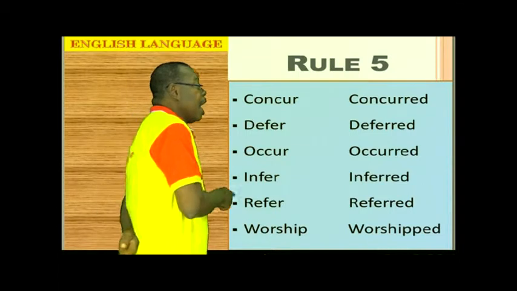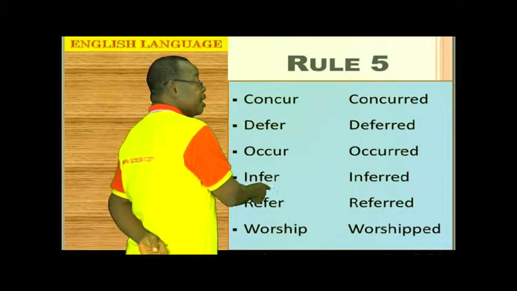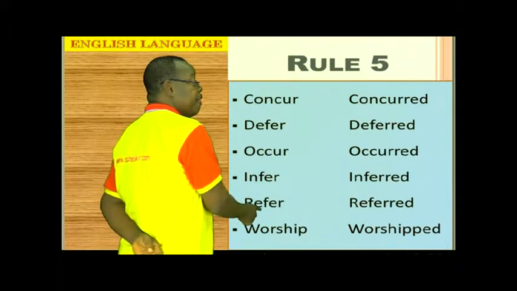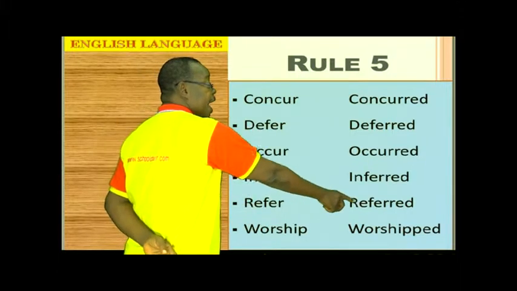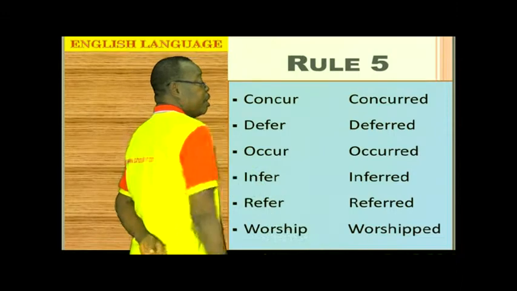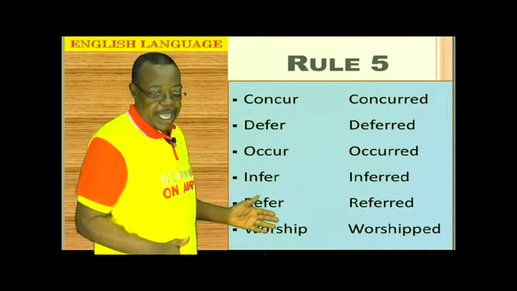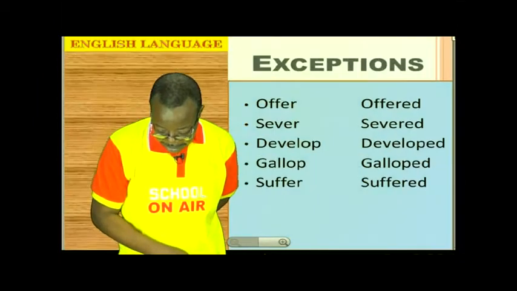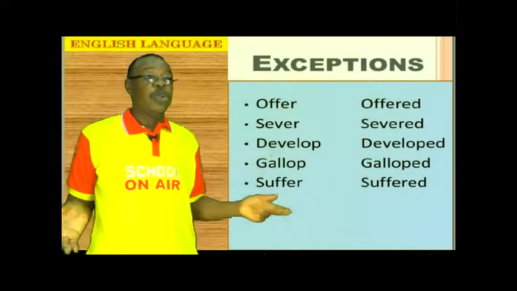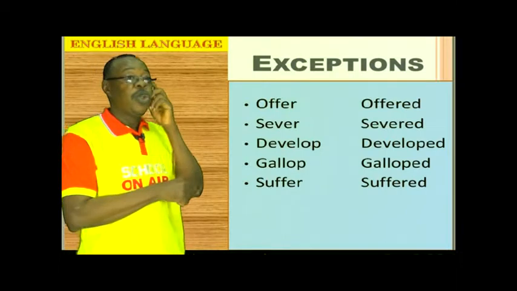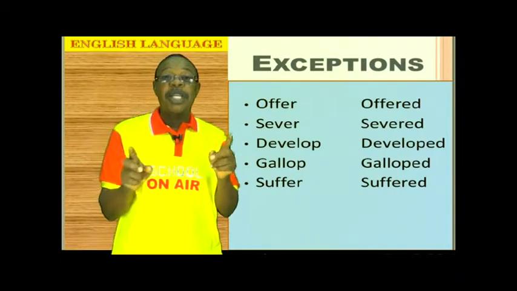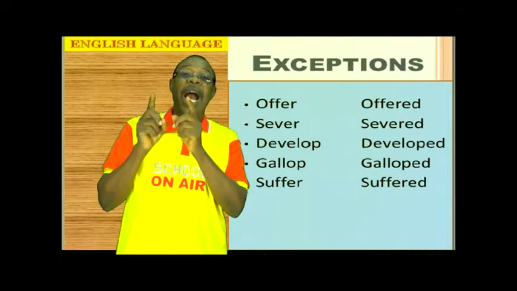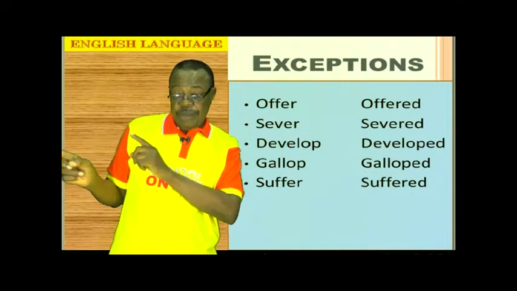Then you have infer, then RR, inferred, refer, referred, worship, worshipped. Is that clear? Okay, we go ahead. There are exceptions to this rule. Don't forget, in the first one I told you, when we were spelling refer, R, E, F, E, R, R. Can you remember?